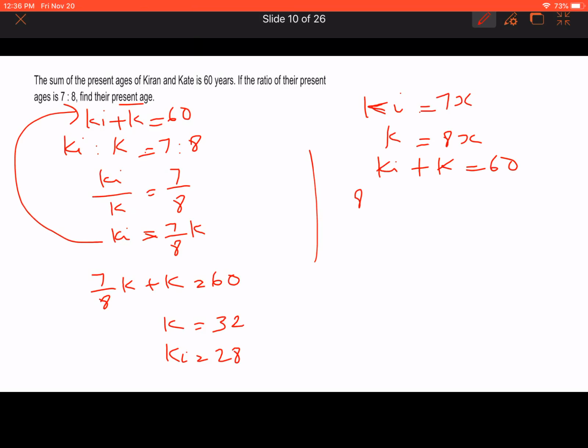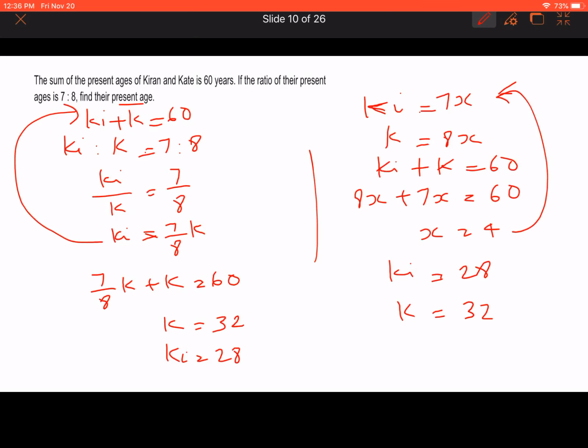So now we add 8x plus 7x, which is equal to 60. So therefore x is equal to 4. Now in order to find the value of Kiran and Kate's age, we have to substitute in this equation. So now Kiran's age is equal to 28 and Kate's age is equal to 32.